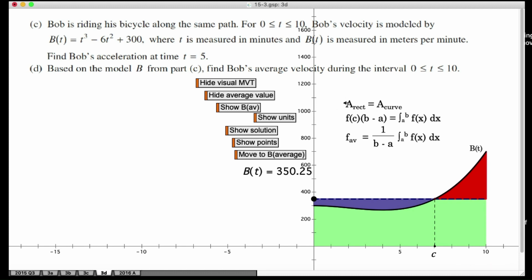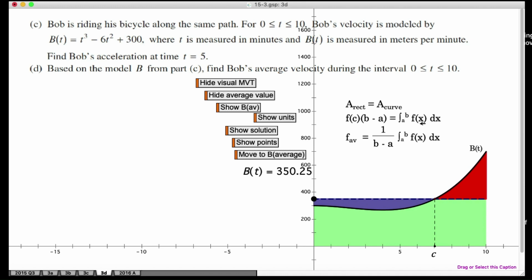So the area of the rectangle is going to be the height of the rectangle, which is wherever the top of the rectangle hits the curve. That's what we call f of c. It hits it at time t equals c. And b minus a is the base of the rectangle. So base times height of the rectangle is equal to the definite integral under this function.